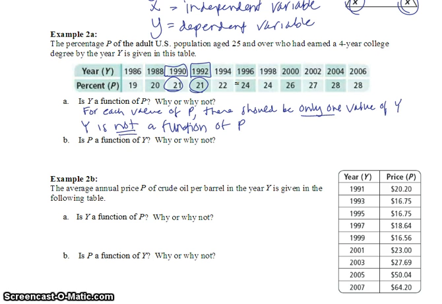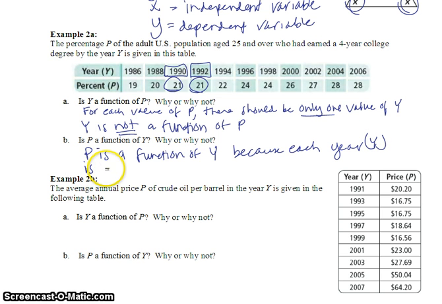P is a function of Y because each year is paired with only one value of P. So P is a function of Y because each year Y is paired with only one value of P.